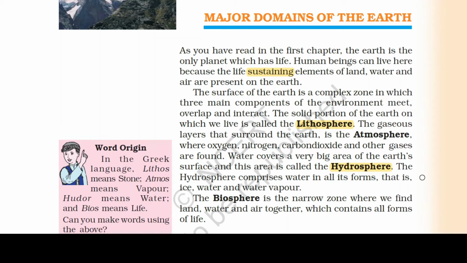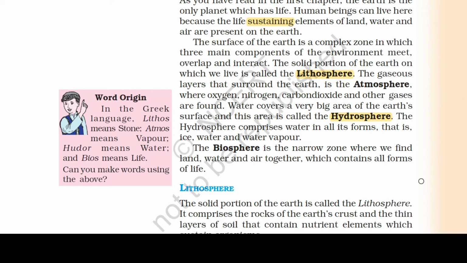Water covers a very big part of the Earth's surface, and this area is called the hydrosphere. Hydro means water. So the hydrosphere is the liquid layer where we can find water. The hydrosphere comprises water in all its forms, that is, ice, water and water vapor.